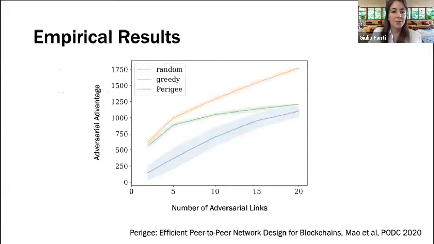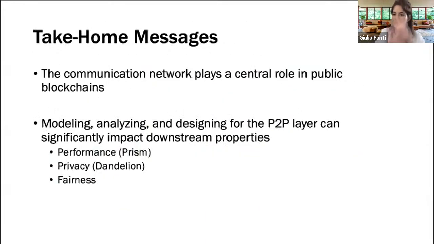Okay, so for the sake of time, I'll wrap up there. So the take-home messages here are, first of all, that the communication network plays a very central role in designing public blockchains. And this role hasn't been as explored as I think it should be.